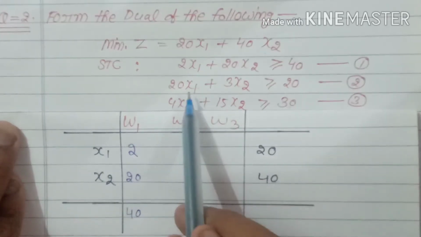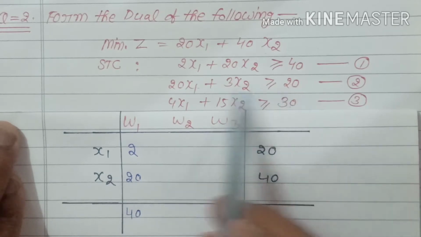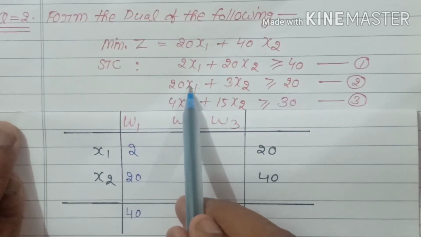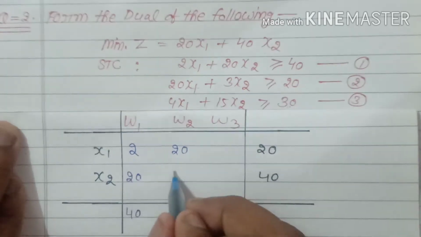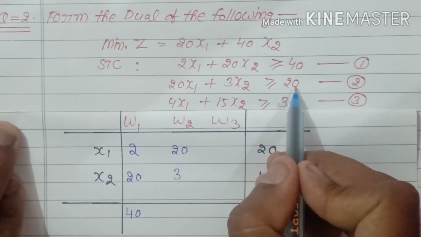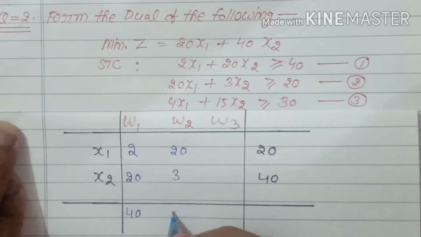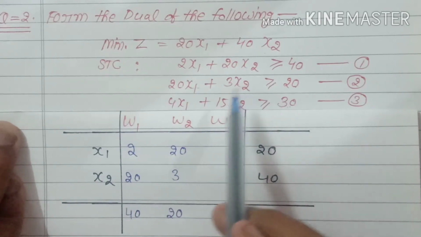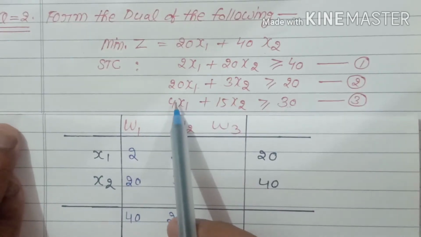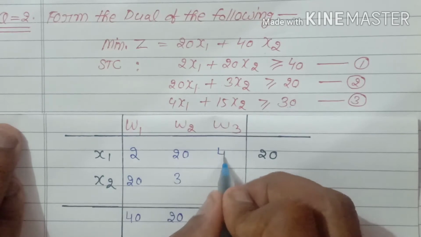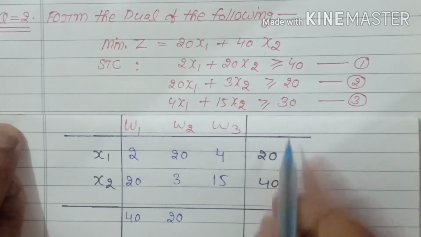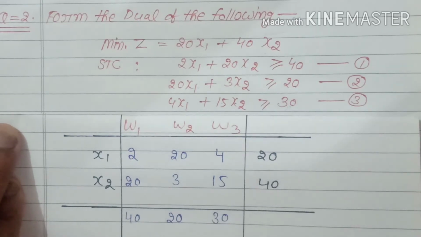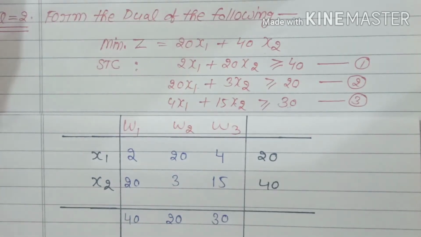Similarly, for the second row, the coefficient of x1 is 20, the coefficient of x2 is 3, and the right hand side element is 20. Now the coefficient of x1 for row 3 is 4, the coefficient of x2 is 15, and the right hand side element is 30. Now we can generate the dual.